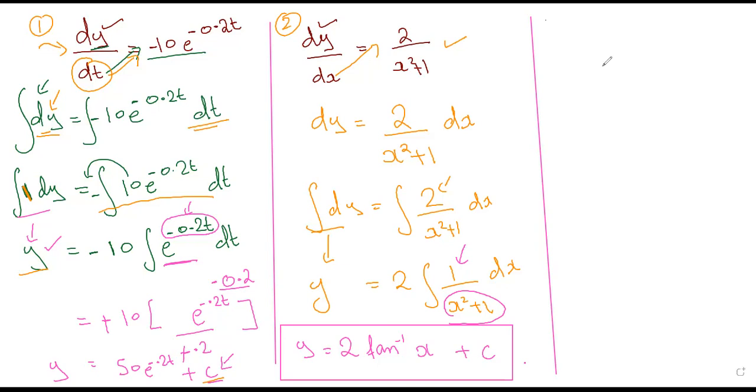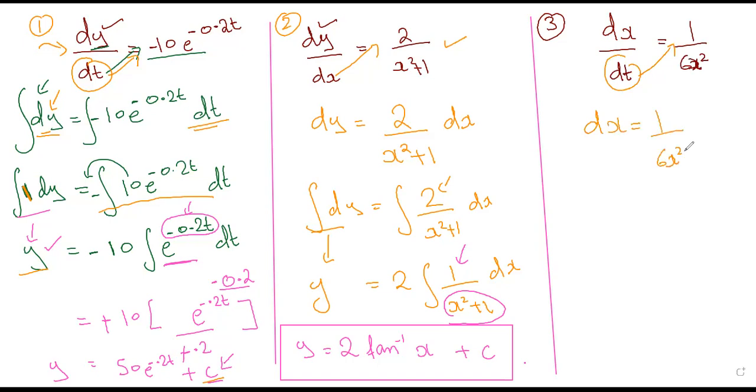What if your differential equation is of this type? dx by dt equals 1 by 6x square. Now, if you try doing it in a similar way, if you take t to that side, what will you get? dx equals 1 by 6x square dt.